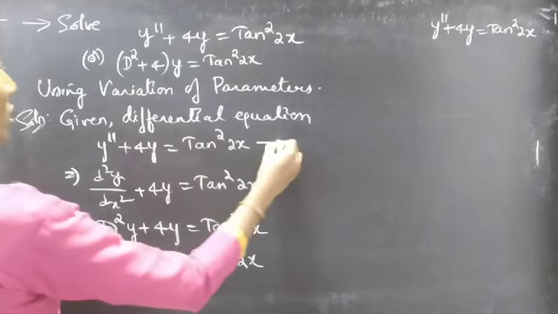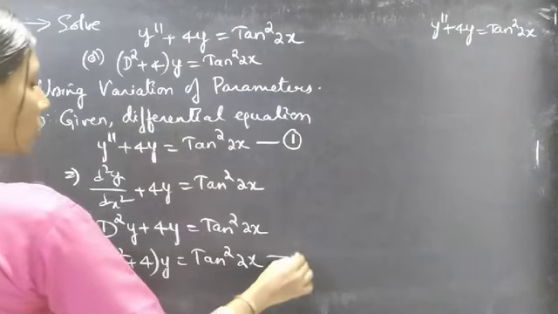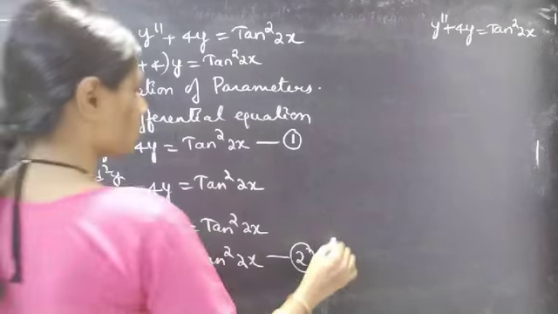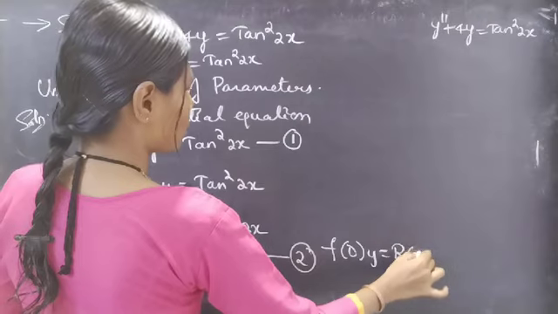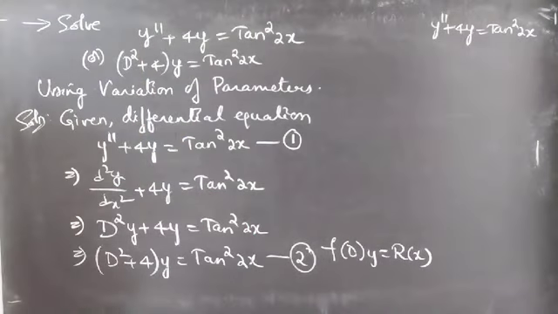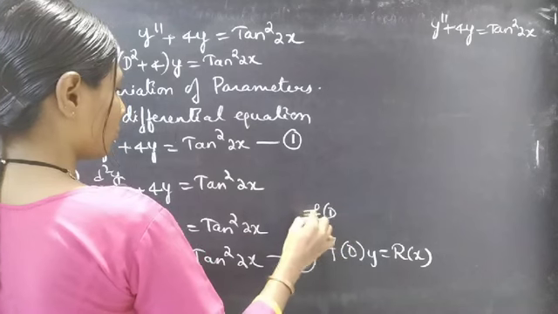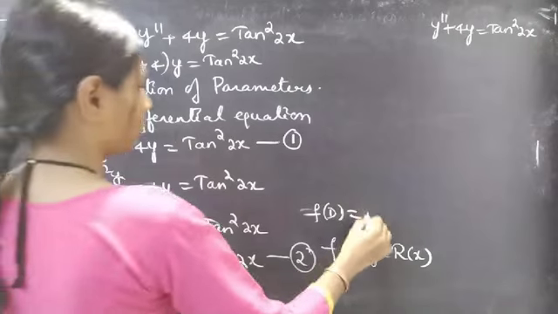Now consider the given differential equation as equation 1 and the equation in operator form as equation 2, which is in operator form, say f of D into y equals some function of x, where f of D is D square plus 4.